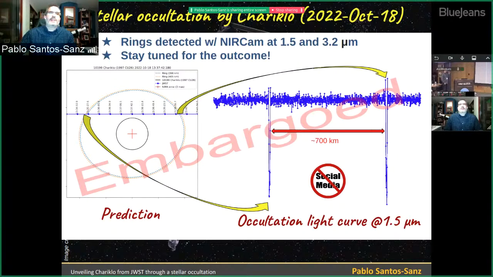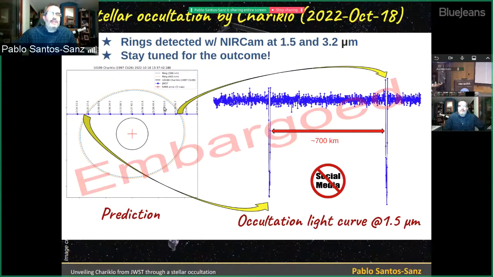Yes, well, in fact, this is the prediction, but the post-diction, we were really closer to the main body. In principle, we haven't detected anything like an atmosphere by now, but as I said, this is only preliminary, so we need to refine the photometry and take a deep look in order to see if there is something more.